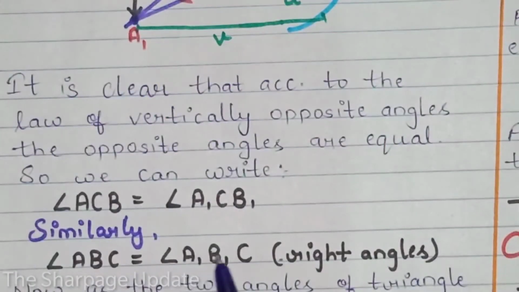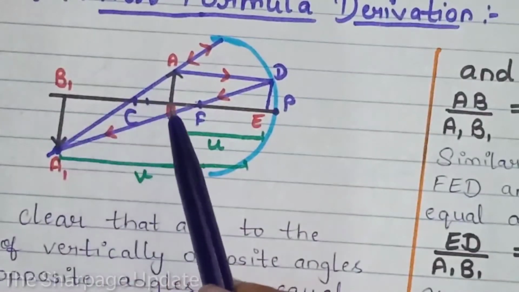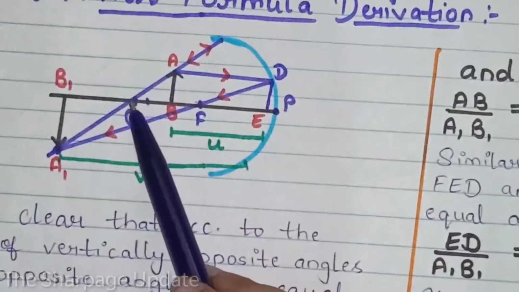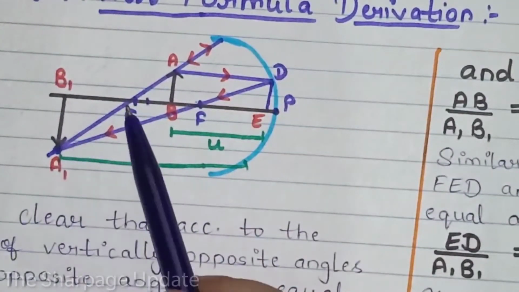The two angles of triangles ACB and A1CB1 are equal, so the third angle is also equal, meaning angle BAC is equal to angle B1A1C.